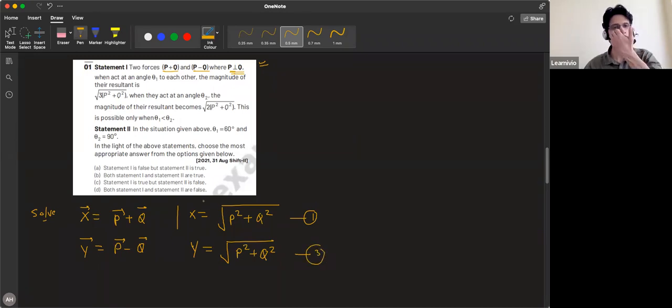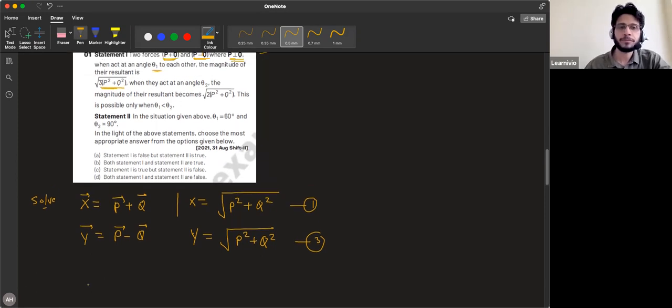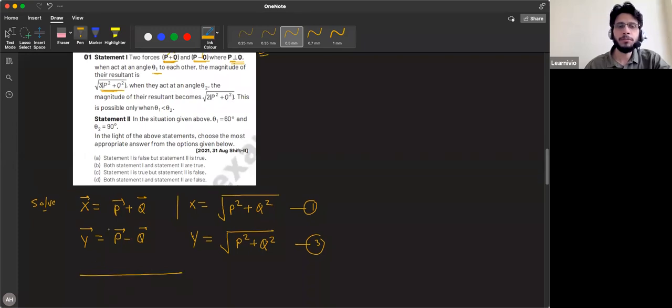So you have the magnitude of X and Y. Now, he's considering P plus Q as a vector and P minus Q as a vector. So I call P plus Q as X and P minus Q as Y. When they act at an angle θ1 to each other, the magnitude of the resultant is this. So the magnitude of this resultant is the resultant of not P and Q, it's the resultant of X and Y. The angle between them is θ1. Priyadarshini, just add X and Y when the angle between them is θ1.